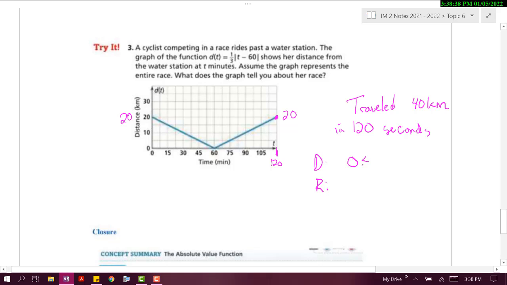So it has to be greater than or equal to 0 and less than or equal to 120, just given this information. Same with the range. Our d of t, or y, or f of x, is going to be bigger than or equal to 0 because it has to be positive, but it can't be bigger than 20 because that's as far as they went away from it, 20 and 20 there.